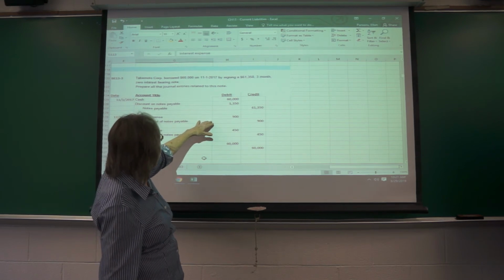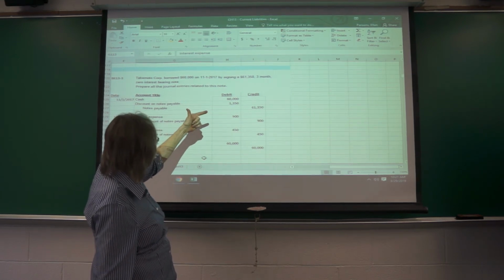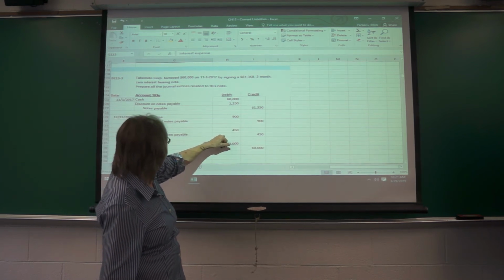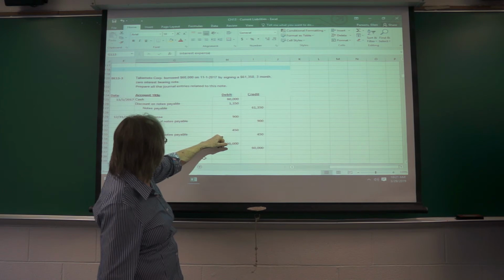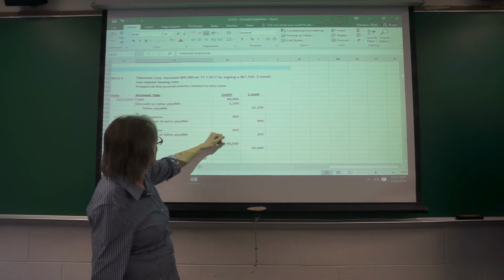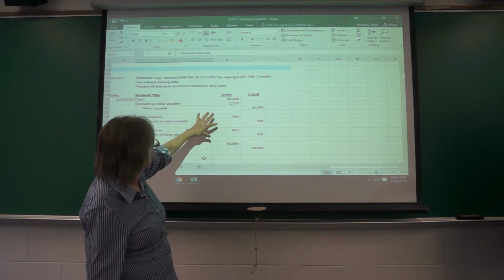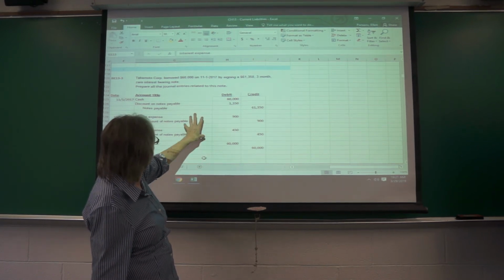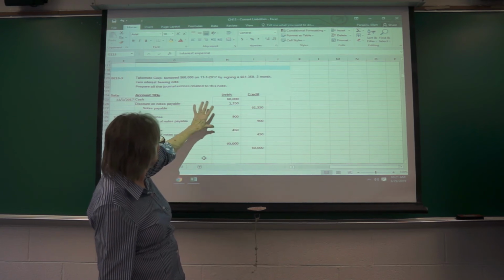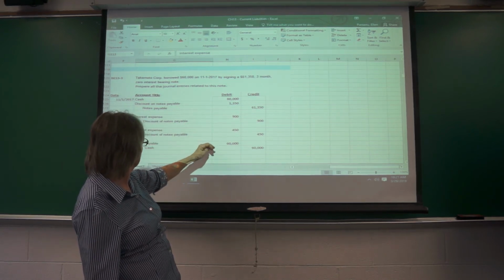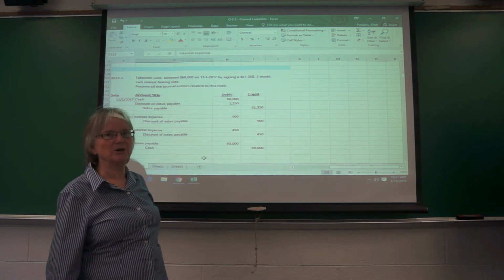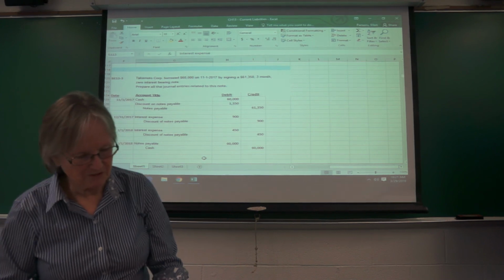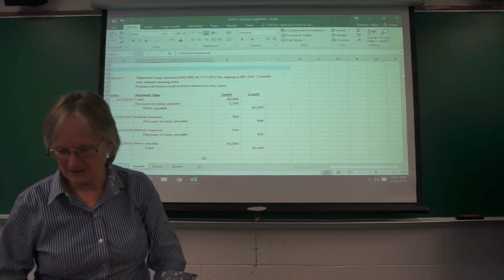So you've got the $900 that's due there for November, December, and then you've got your interest expense for the month of January would be the $450, and so by the time you add all that up, you've gotten rid of the discount on note payable that's been recognized as interest expense, and you simply pay off the note. Okay, so that's sort of a brief review of your accounts payable and your notes payable.